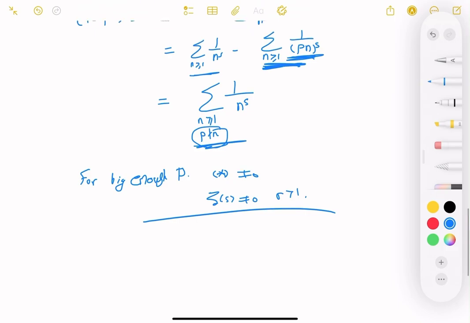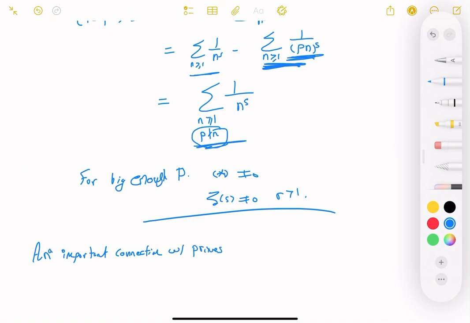So let's introduce the following. There's another important connection, of course, with primes.